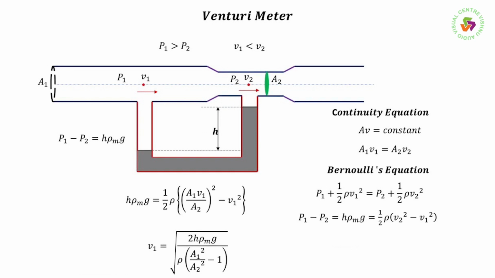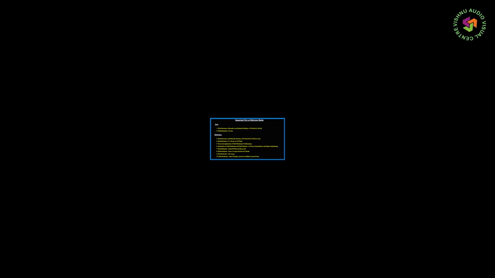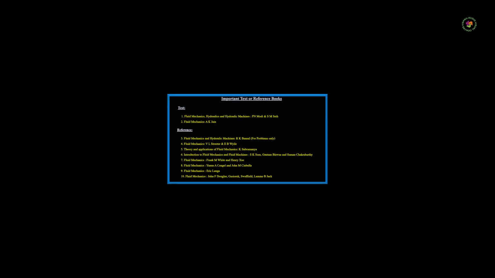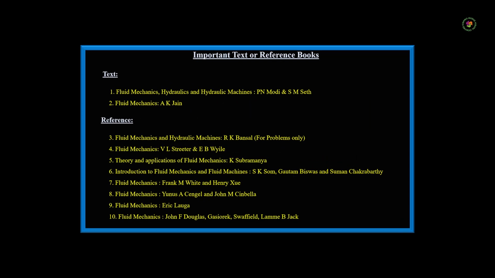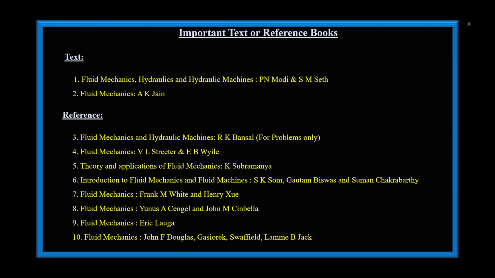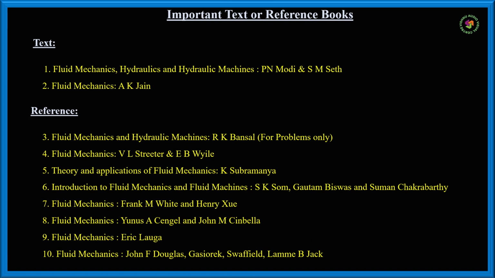In the third problem, instead of giving the differential manometer reading, they mention the pressure at the inlet and the pressure at the throat. But the significance of the problem is that the pressure at the throat is given as vacuum pressure, that too 30 centimeters of mercury.